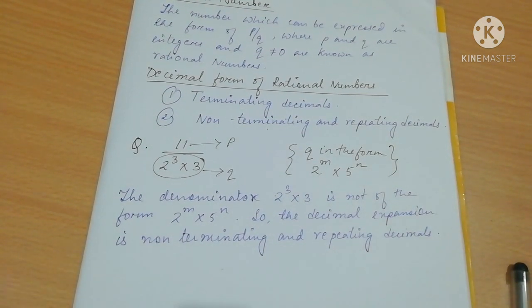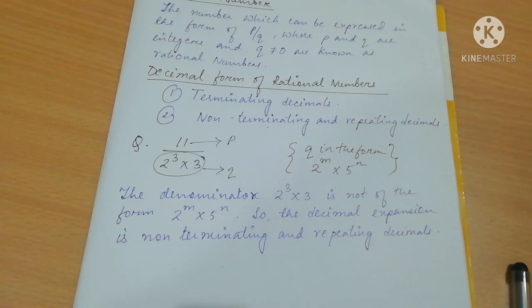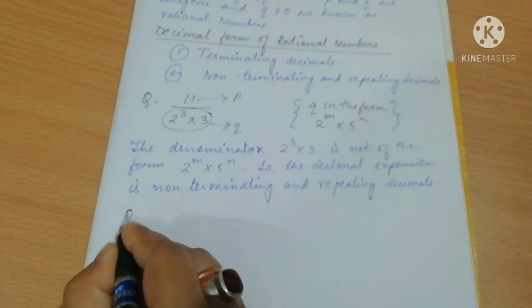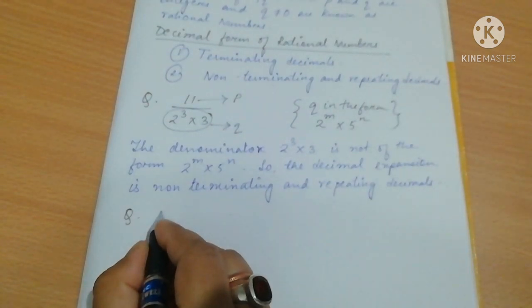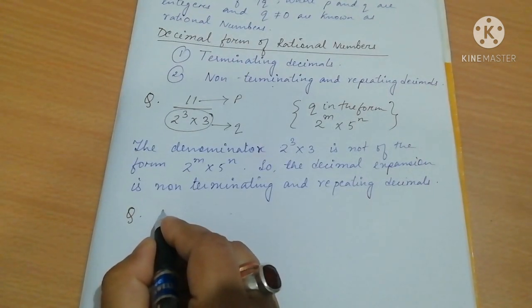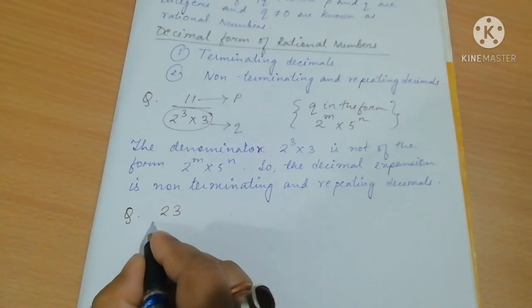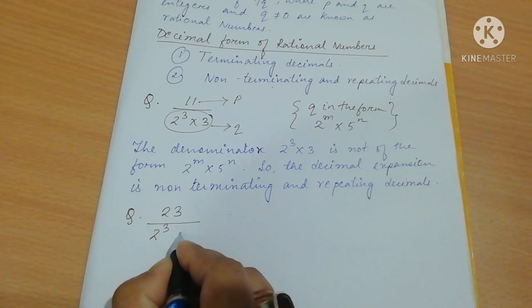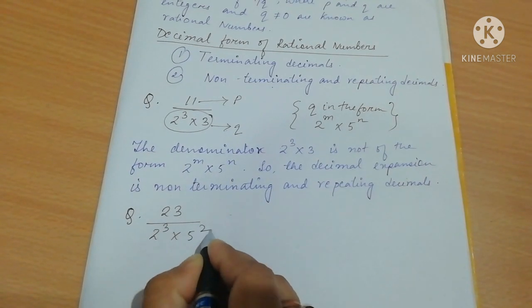To make our concept more clear, let me take one more question. Let the second question be 23 by 2 to the power 3 into 5 to the power 2.